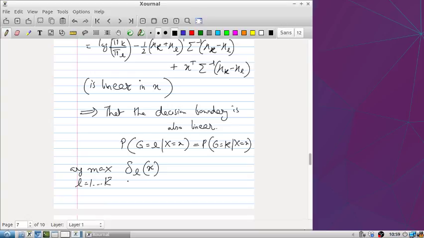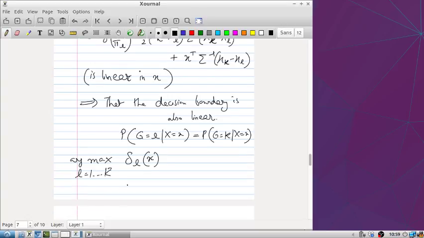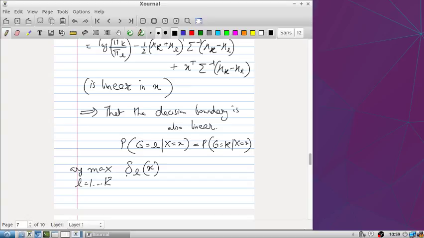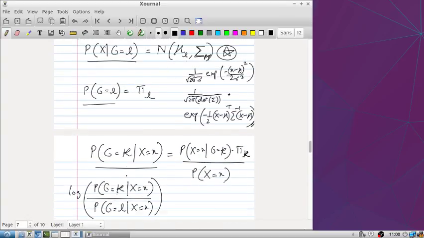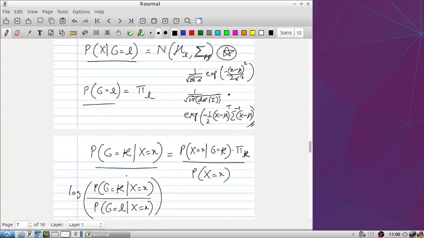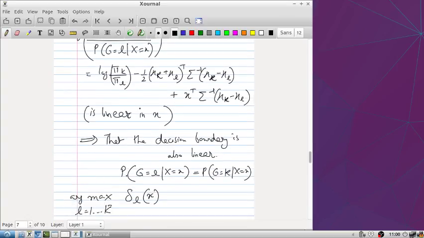The discriminant function is going to be related to the class probability of G equal to k given X equal to x. And why is that? Let's again recall that the best classifier was just this, right?